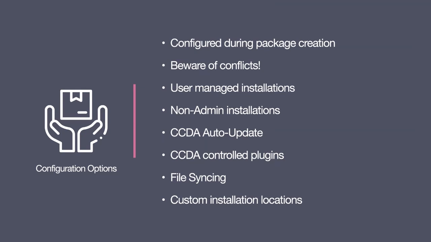You can disable auto-update. That won't affect anything like CCDA updating itself, as well as admin tools like RUM and Installer Packages. It's just for the built-in auto-updaters. You can allow users optionally to install their own plugins from CCDA. You can disable the file syncing, and you can customize the installation location for your package.